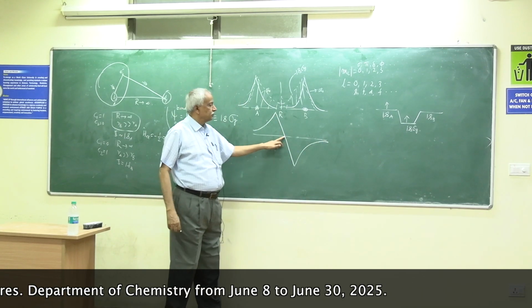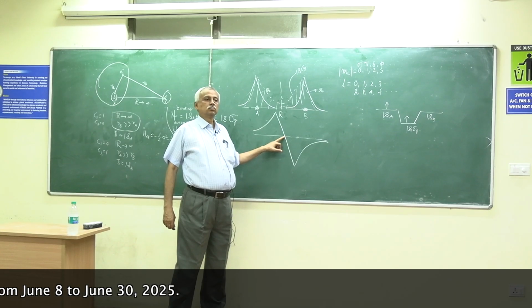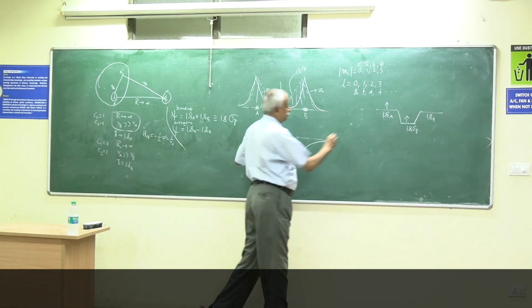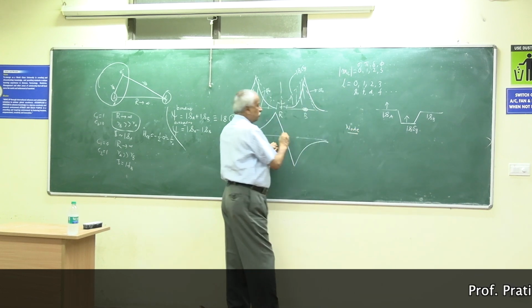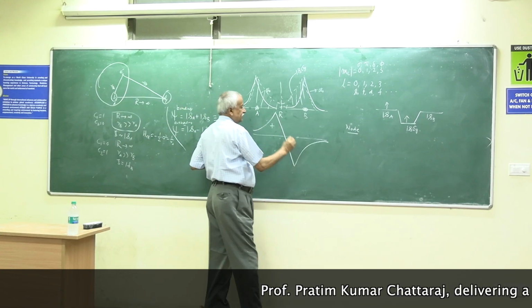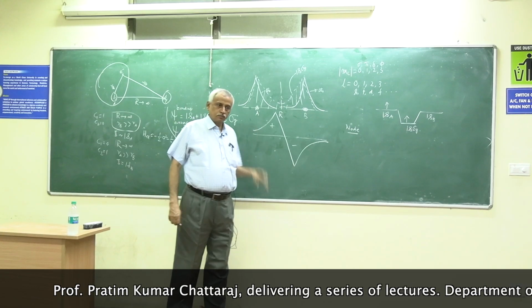At some point, there would be 0, isn't it? And this is what we call a node, where the molecular orbital wave function has the value 0. This side you have positive, this side you have negative. So this is a node.